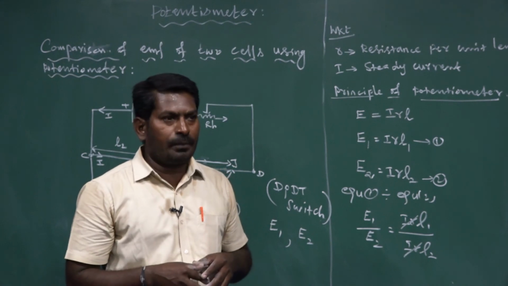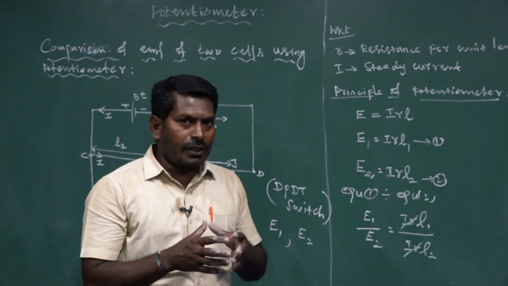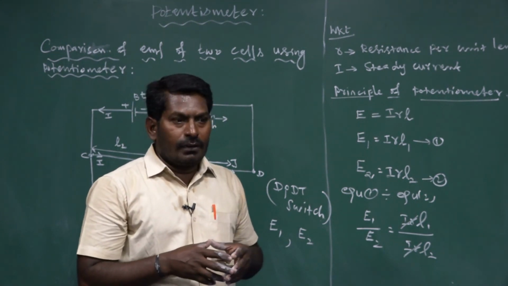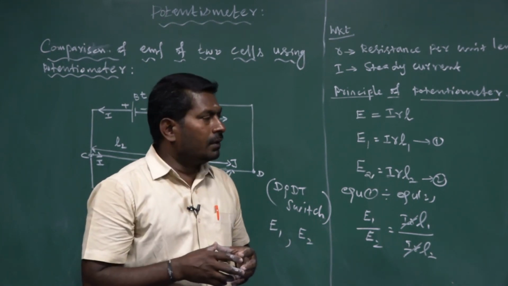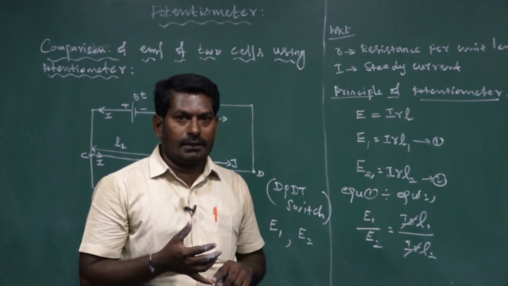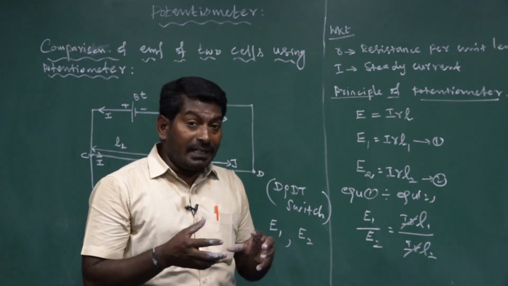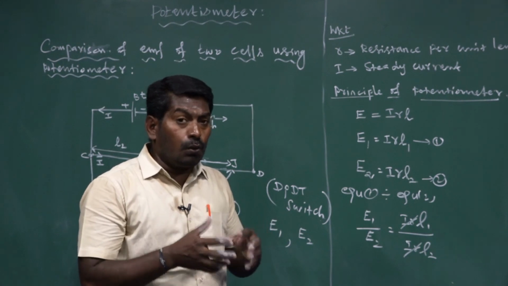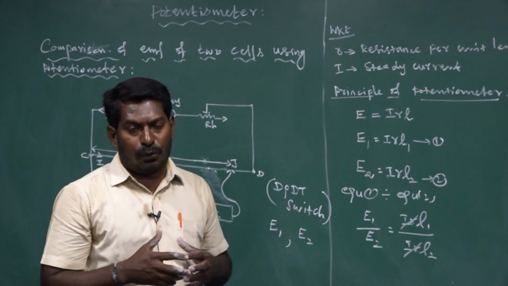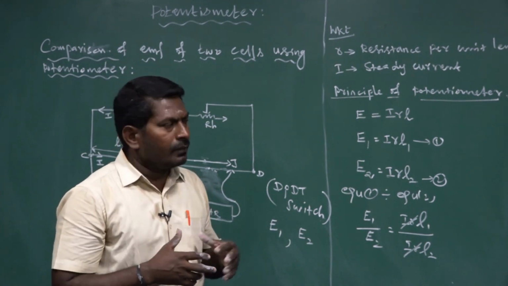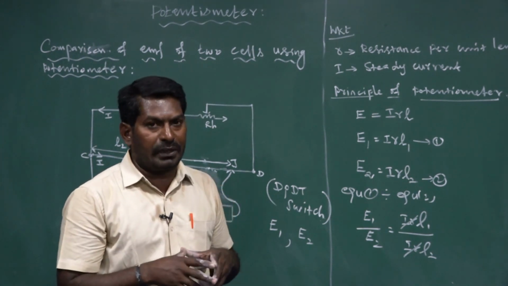So dear students, in this video you get knowledge about what a potentiometer is, what the principle of potentiometer is, and one of the applications of the potentiometer. A potentiometer is an instrument used for measuring accurate potential difference.